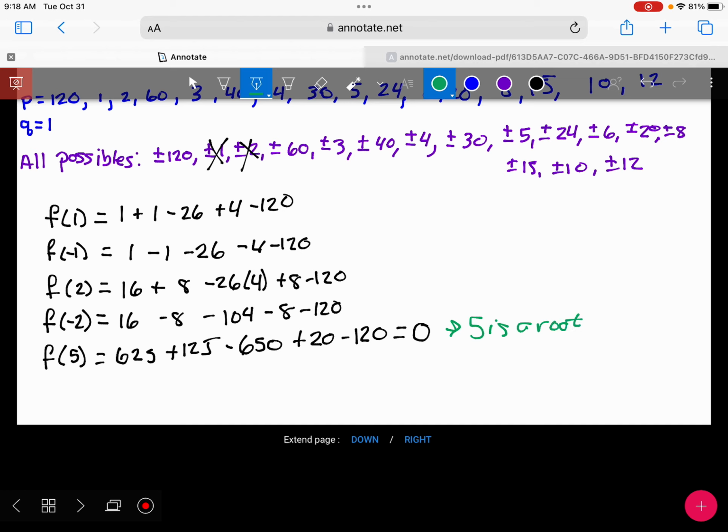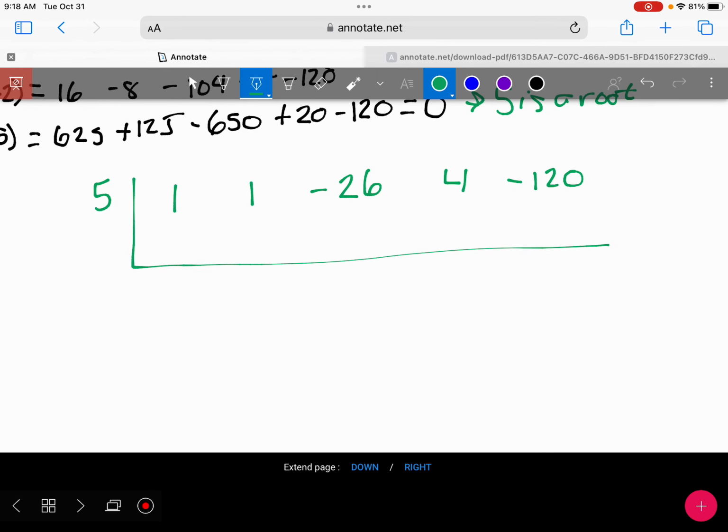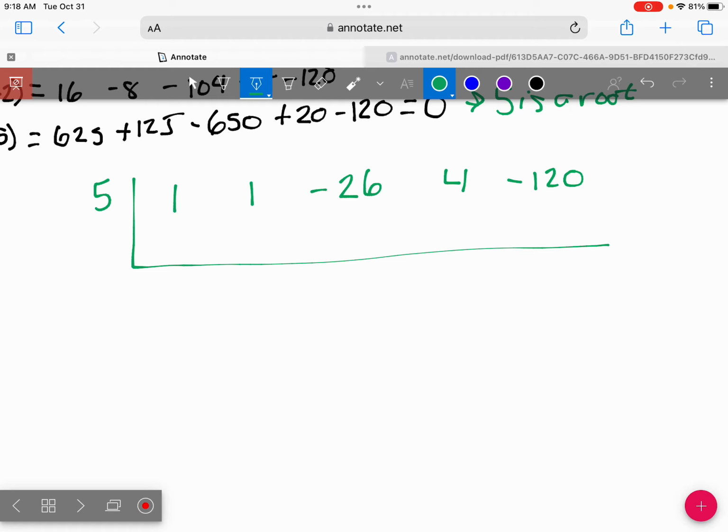So then what we're going to do is take 5 and divide it out and see if that helps us narrow things down, because that would be super handy. We're going to use our synthetic division. So our coefficients of 1, 1, negative 26, 4, and negative 120, and we are going to divide out 5. Our first term always drops.